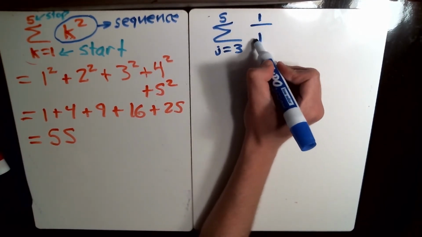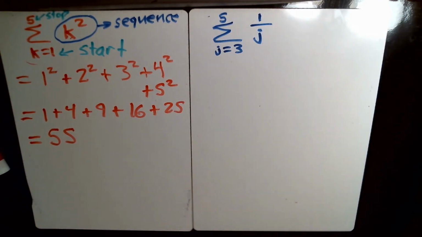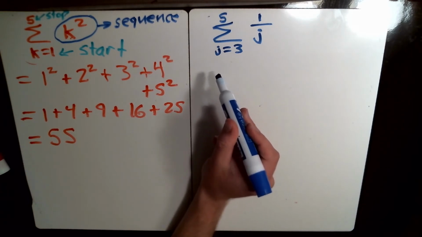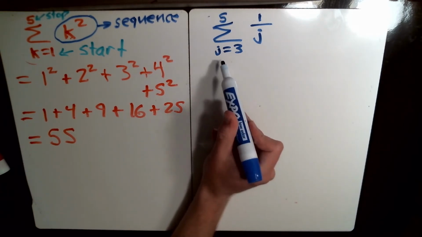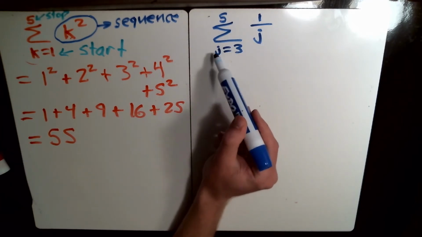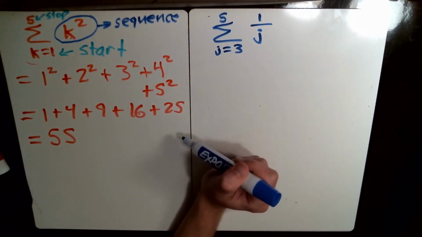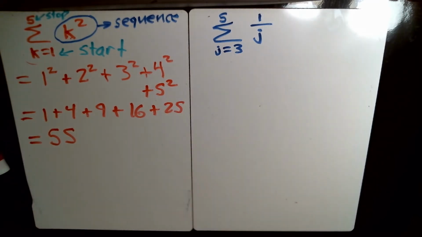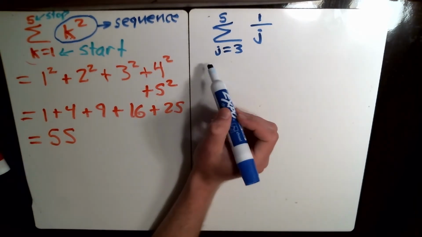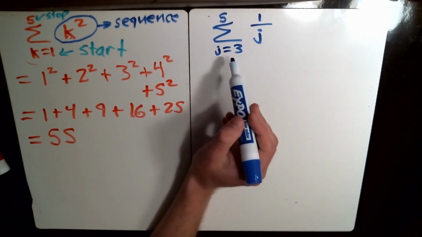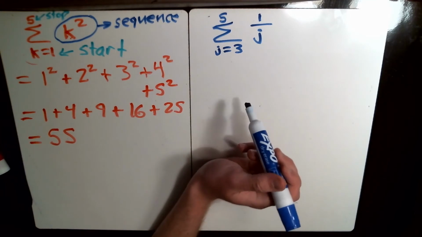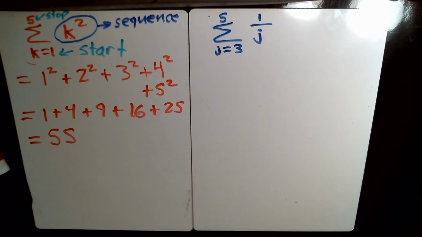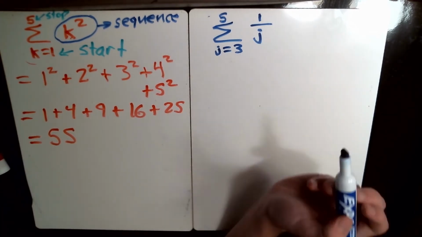And we'll do 1 over j. Now, it doesn't matter what variable you use in this. Normally it's i, j, or k. Those are typical letters that are used, and these are called indices. But it doesn't really matter. You could use x, but generally we like to use x when we're dealing with any real number. Here we're just dealing with whole numbers like 1, 2, 3, 4, 5, 6, 7, and so on. So what would this be equal to?